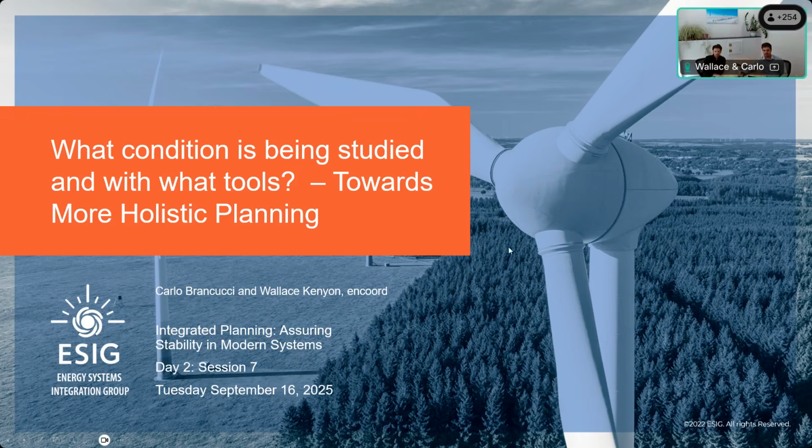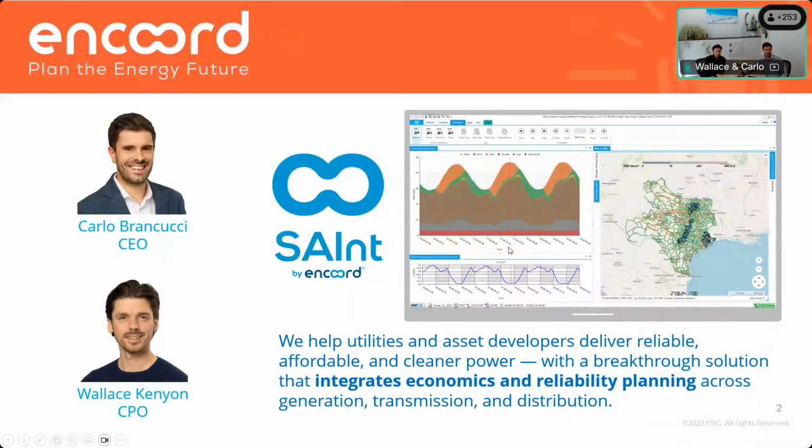First, many of you probably have not heard of Anchor before, so I want to give you a quick overview of the company. Both Wallace and I work here at Anchor. We are a software company that helps utilities, asset owners and developers plan for a reliable, affordable, and cleaner power system.